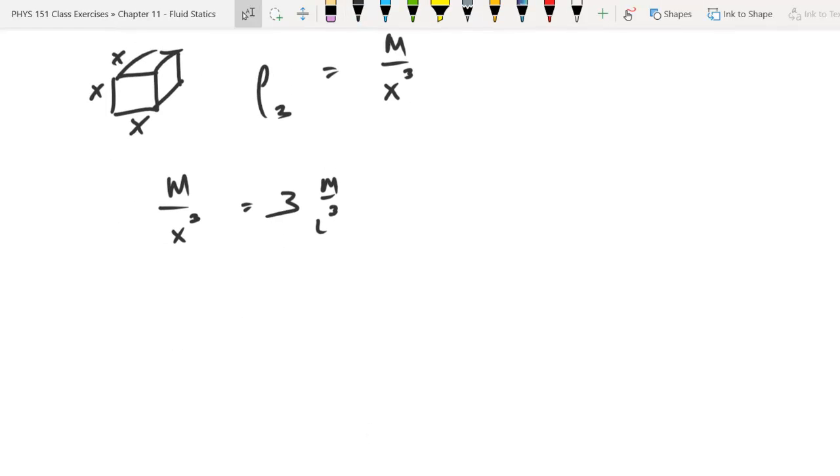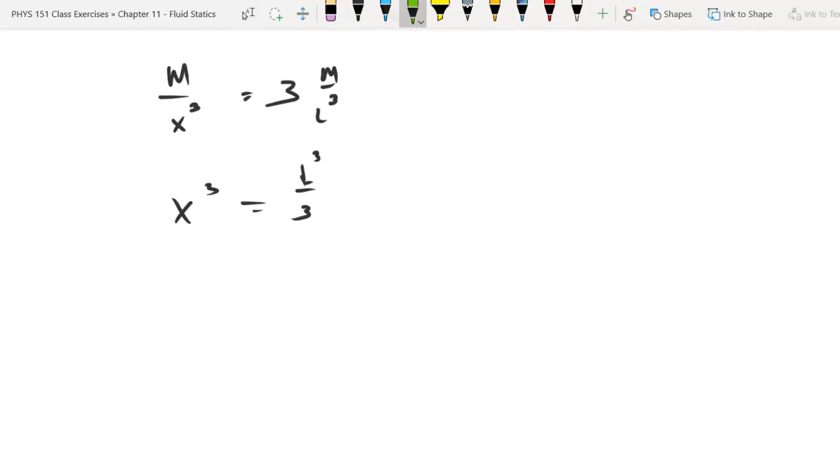We're going to solve it for x, right? We want the new side length. Doing all the algebra there, a couple of steps together, multiplying both sides by L cubed, dividing both sides by 3, dividing both sides by m, we get x cubed is equal to L cubed over 3.